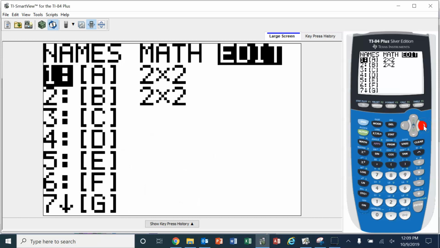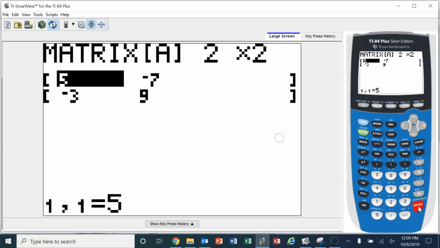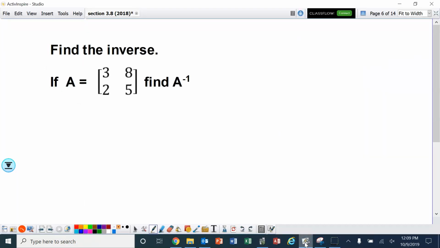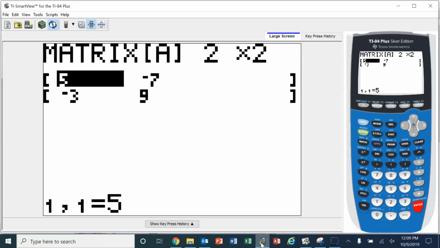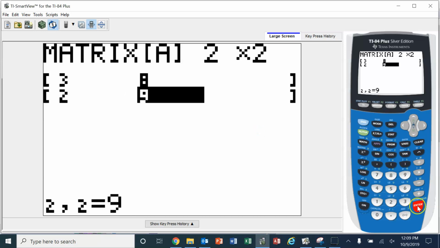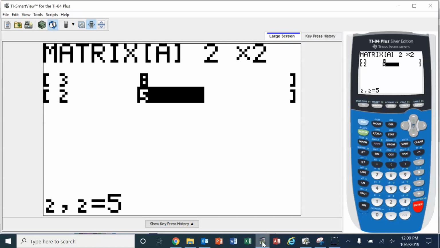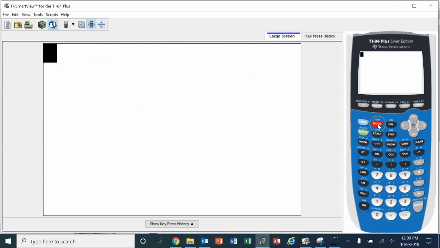We're going to pick A, 2 by 2. Now we need to put the new numbers into our calculator. 3, enter. 8, enter. 2, enter. 5, enter. All right, we have typed the numbers into our matrix. Now, second quit. Go back to your home screen.